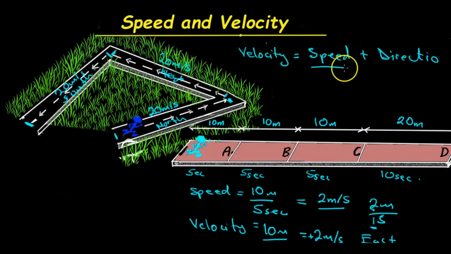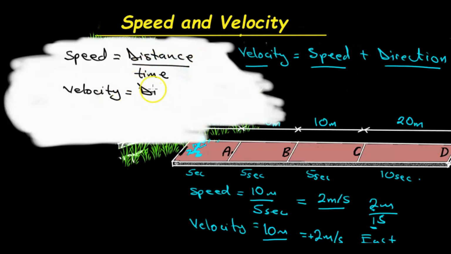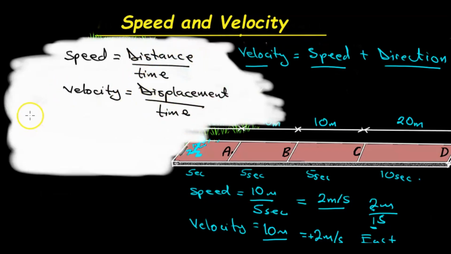So if you measure the speed of a moving car and you specify its direction, you are actually measuring the velocity of that car. Speed is equal to distance divided by time, and velocity equals displacement over time. You are also not wrong when you say velocity is equal to distance over time with a specified direction.